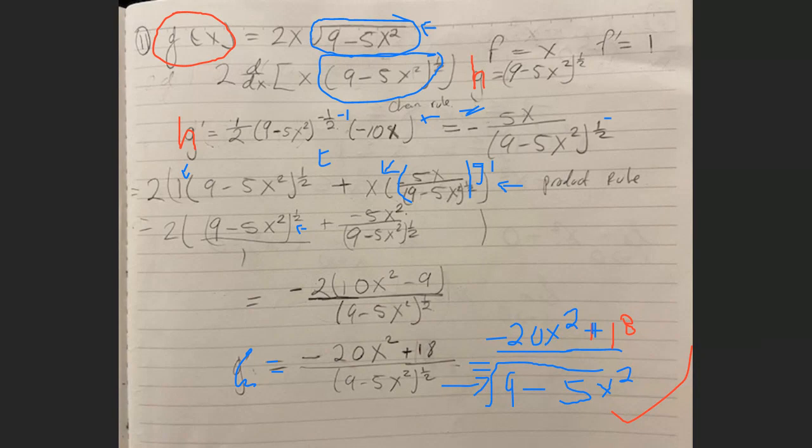Just use another character. So you call this h prime, so this is h prime. Then you can call this g prime, because your function is g.